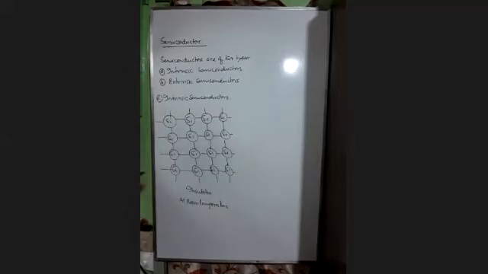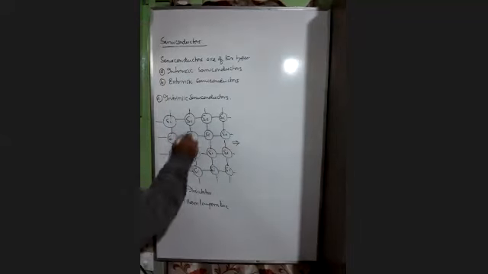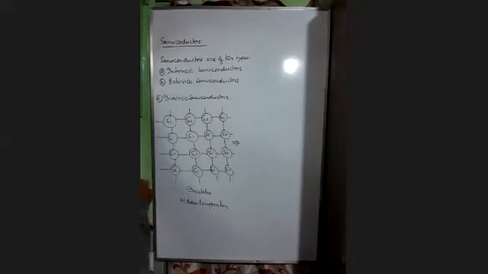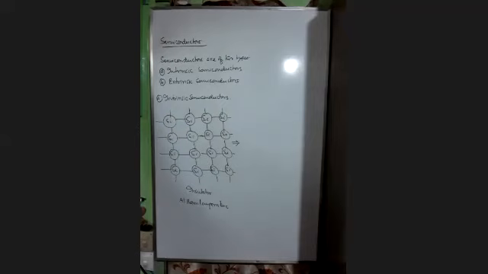Now, when we heat it, I've already explained to you, the bond breaks. When the bond breaks, because it's a covalent bond, electrons are supposed to be one here and one here. Generally, a perfect covalent bond breaks in a homolytic fashion.